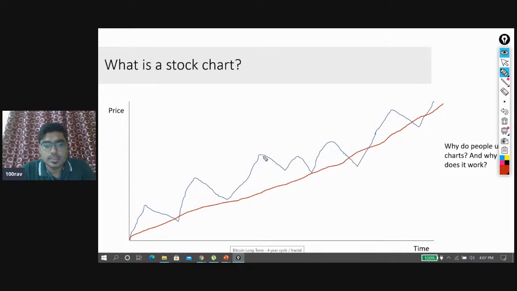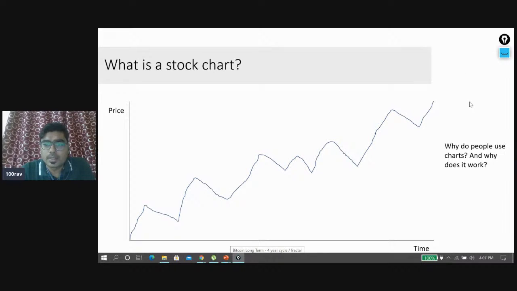Second thing is, from here to here, the stock has done nothing. It has just oscillated in a range. Okay. And similarly, we can find out how the stock price is moving. So this is one of the most important reasons due to which people use stock charts.